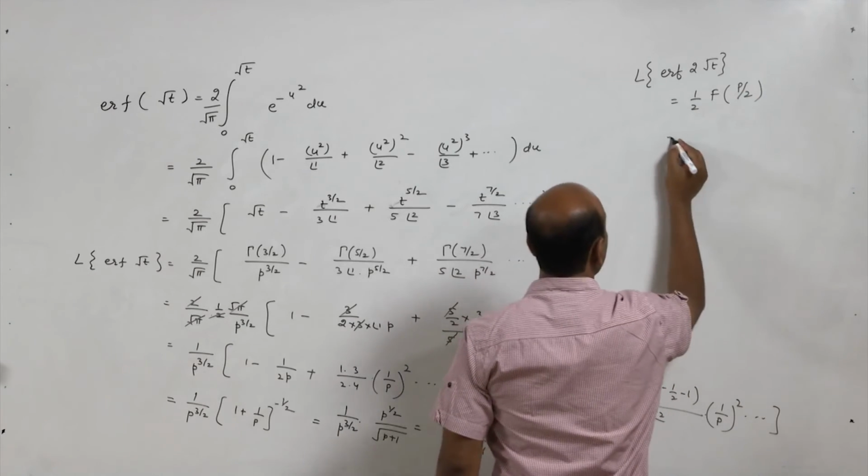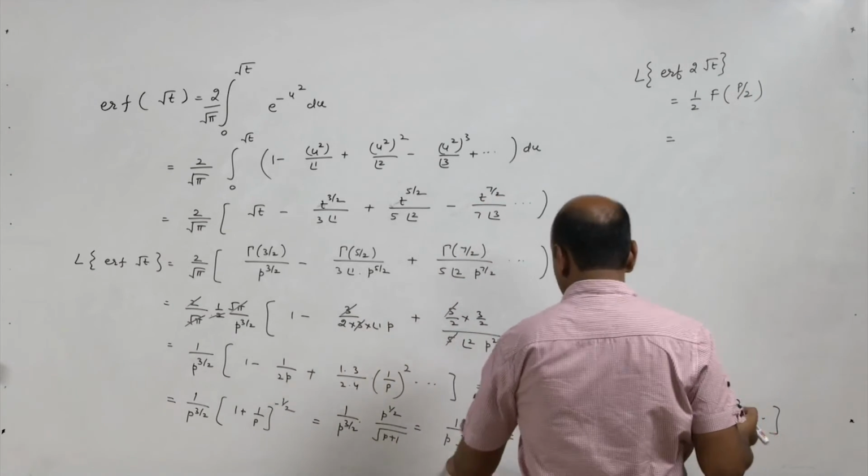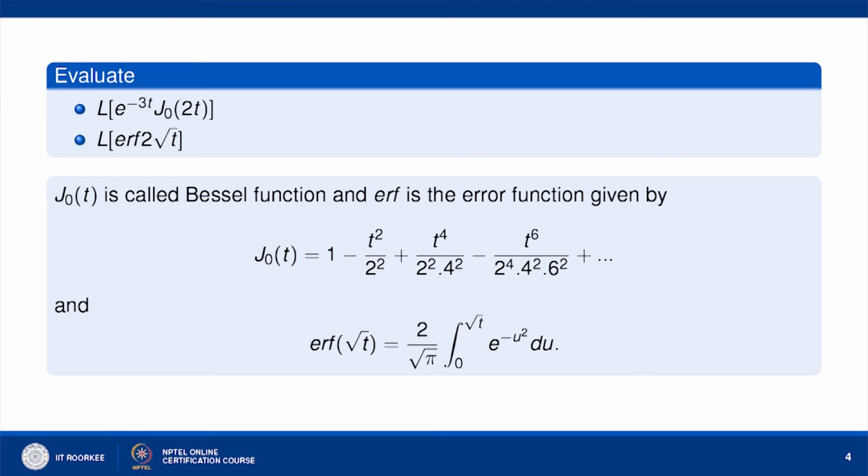This is by the change of scale property. So it is 1 by 2 into p by 2 under root p by 2 plus 1. So this will be the Laplace transform of that expression.